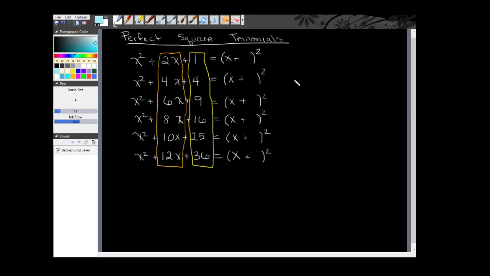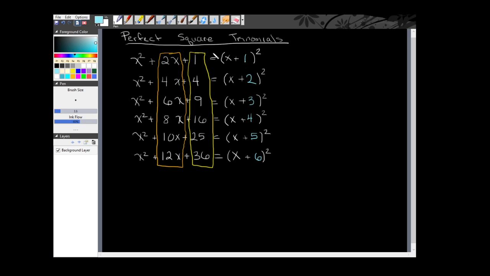Now here's what tends to blow my students' minds. So these blue numbers are the common number that I get when I divide by 2 in the orange column. And when I square this number, I get the yellow column.